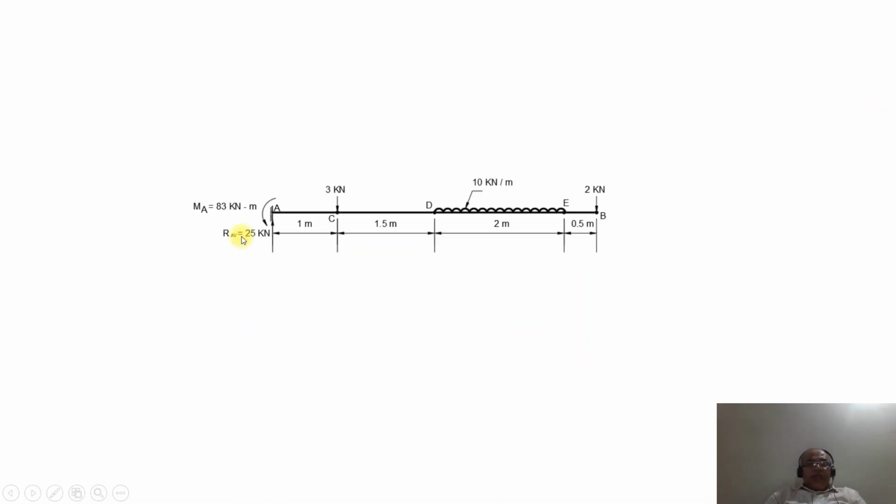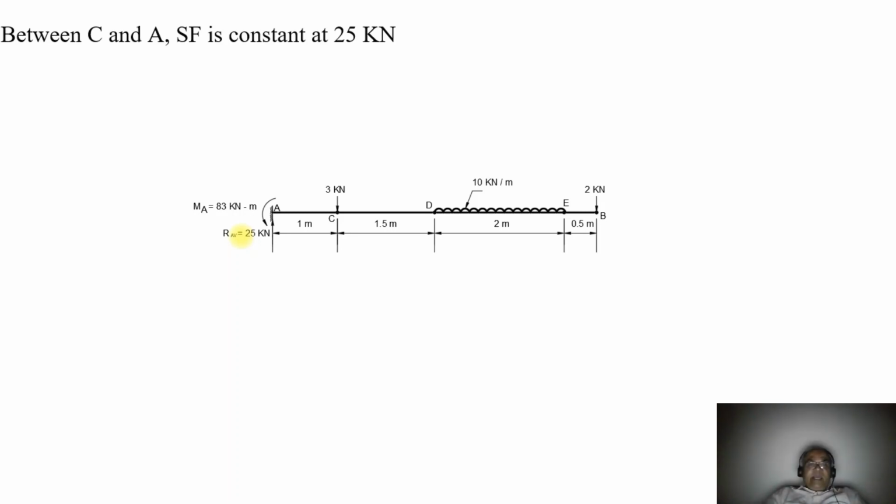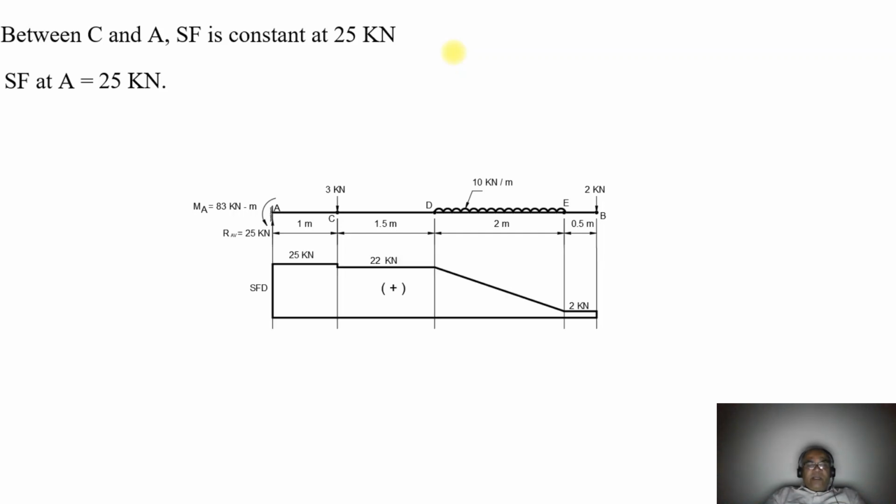Now once you get that, we will go for the shear force between A and C. Because there is no other load acting between C and A, it remains constant at plus 25 kilonewton. So SF at the point A will be equal to 25 kilonewton. So when you are plotting it, from 25 kilonewton between A and C, as there is no other load, it remains constant at 25 kilonewton.